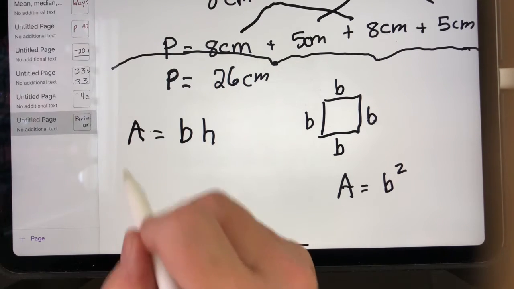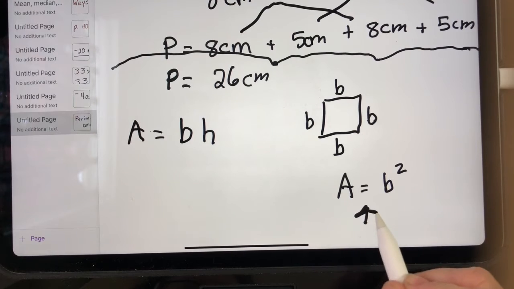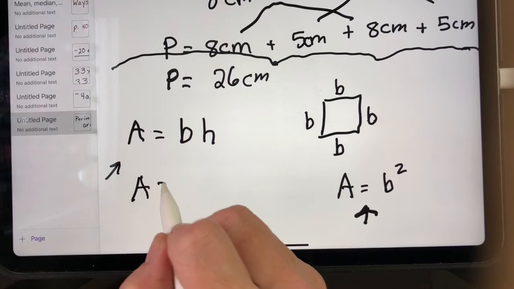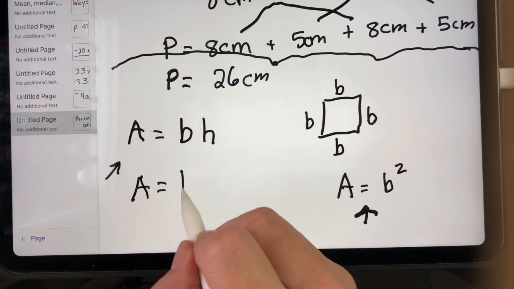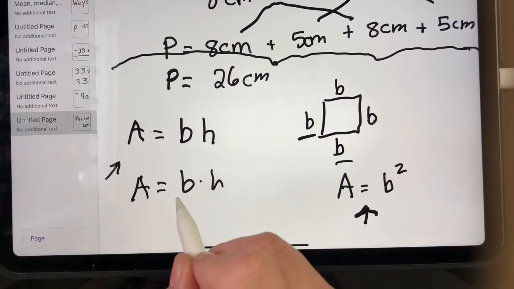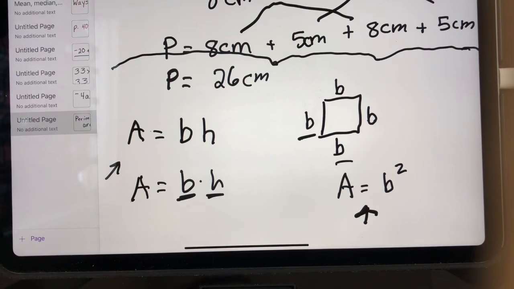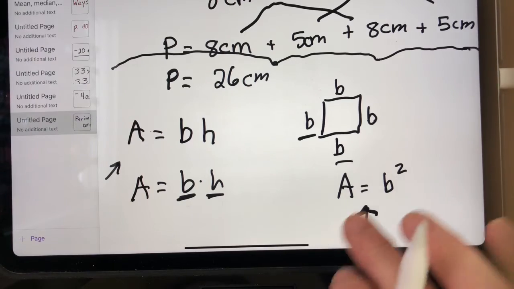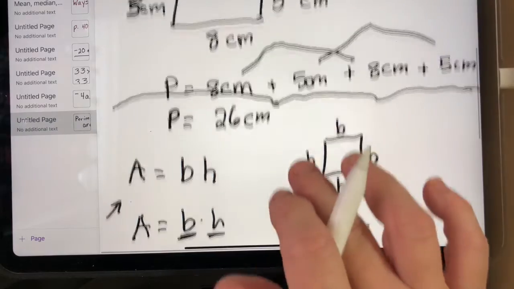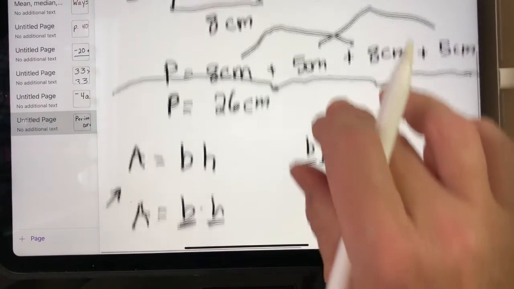You could memorize this formula, or you could use the one you already know: base times height, and both of these numbers will be the same. So you don't really have to memorize a lot of formulas. But the key thing I want you to remember, let's go back to this one where we had 5 centimeters by 8 centimeters.